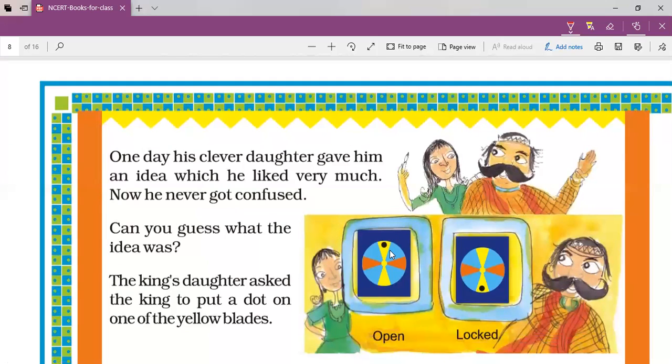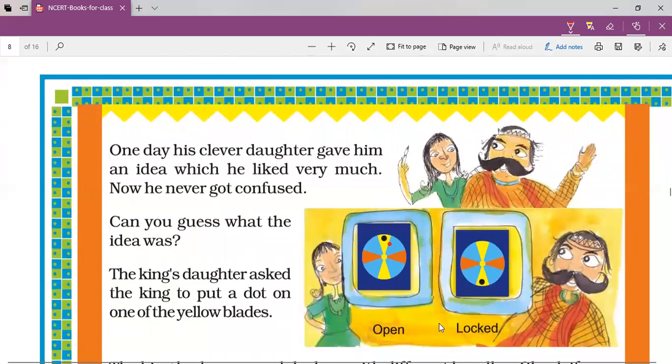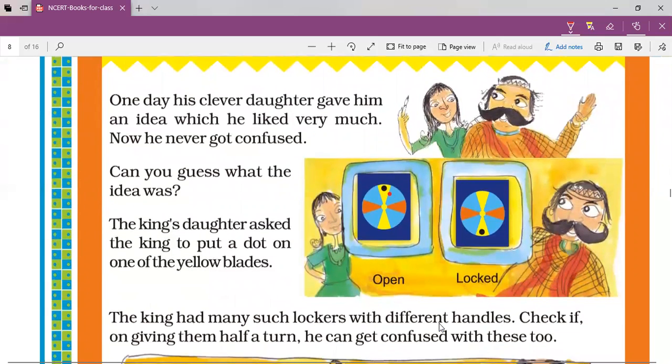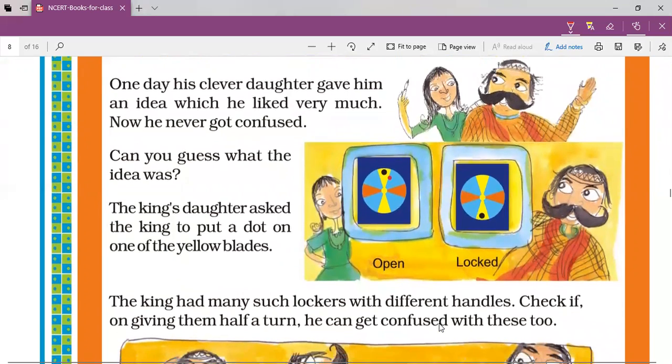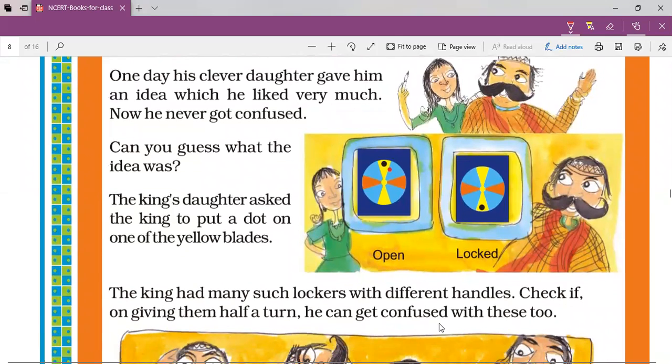When he turns it, the locker will open, and when he again gives a half turn, the locker will get closed, locked. Understood? Without any mark or any dot, the king will not understand whether it got locked or whether it got open. So for that, he had to put some mark on that locker.